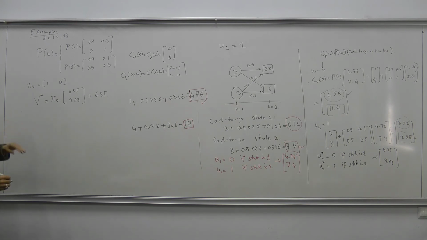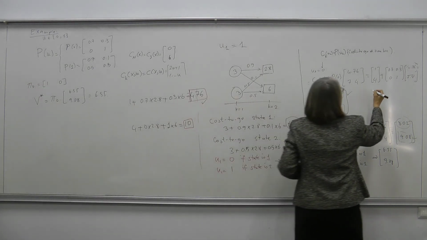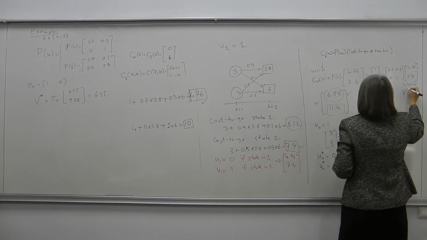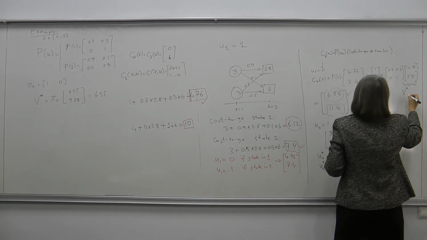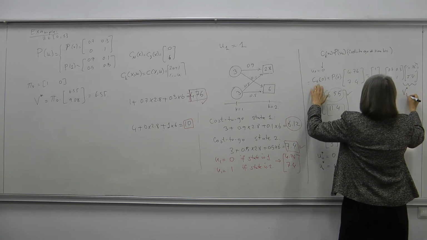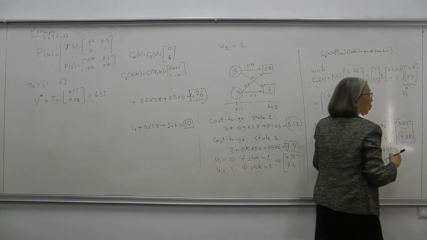And I also would like to write here, I have written here V star. Actually, we have previously denoted that one as V star of 1, because this is the cost to go vector at 1, corresponding to the two states.